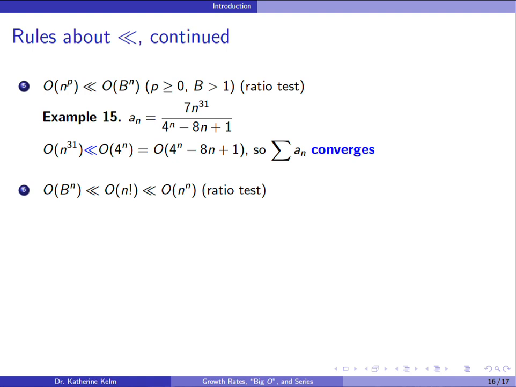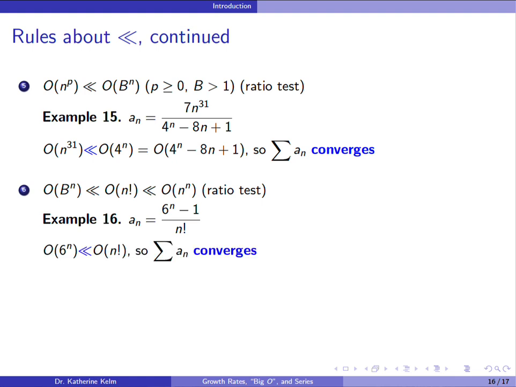And finally, a few more functions that you will see frequently in a typical Calculus 2 course concerning series. Exponential functions always lose to factorials, and factorials always lose to n to the n. When you learn the ratio test, you can verify each of these facts as well. So example 16, a_n equals 6 to the n minus 1 over n factorial.